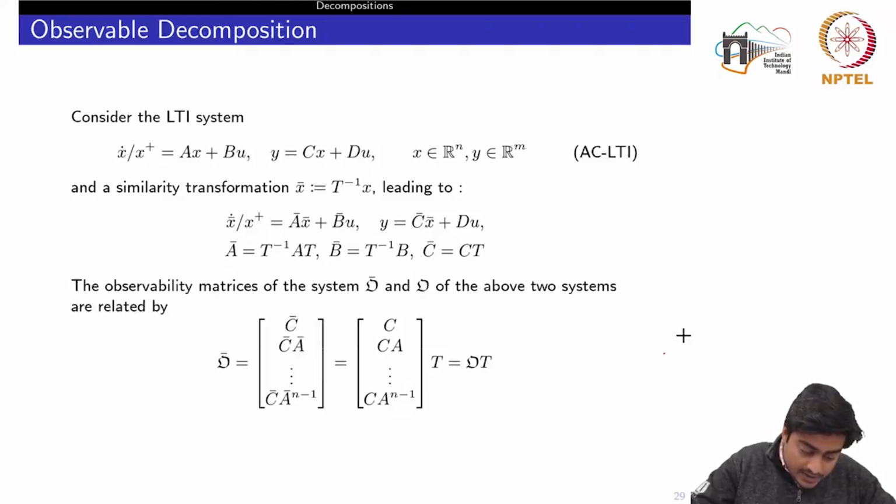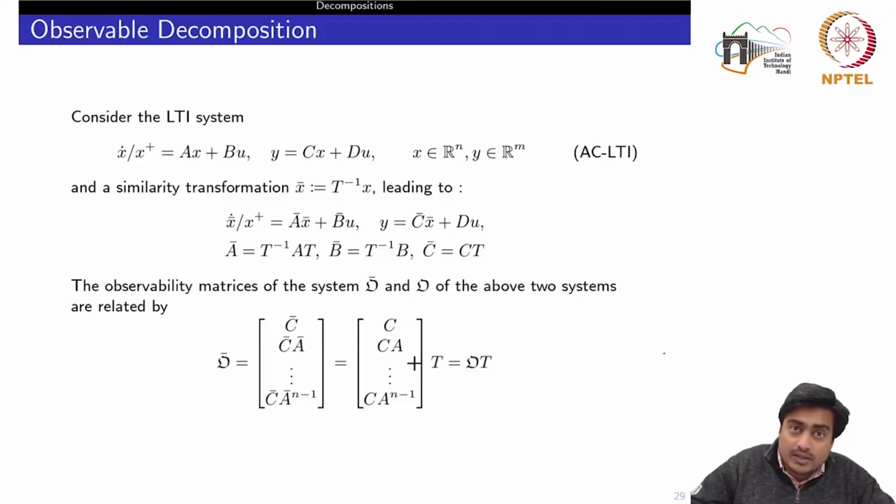So consider this LTI system with the quadruple A, B, C, D, and consider this similarity transformation, which is given by x bar equal to T inverse times x. This we had seen also in the first week, where A bar is defined as T inverse AT, B bar as T inverse B, and C bar as C times T. The observability matrices of both systems are related as shown.